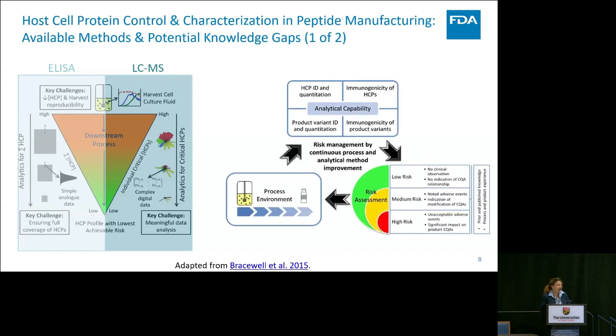And once you've identified host cell proteins, you can estimate or evaluate the risk associated with those host cell proteins. Typically, a manufacturer will do this using the published literature, if you can determine that the host cell protein has a specific biological activity, and using their own experience. And based on risk, of course, these will direct the control strategies needed, whether it's reducing the level of host cell protein or eliminating it.